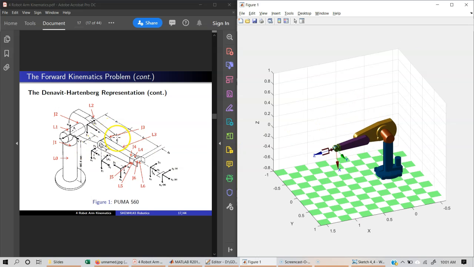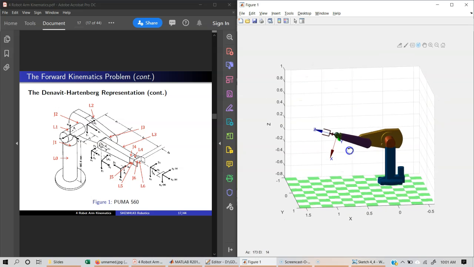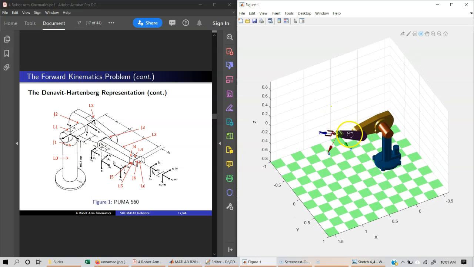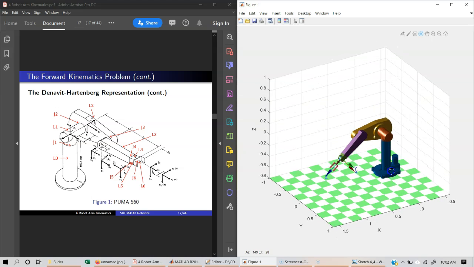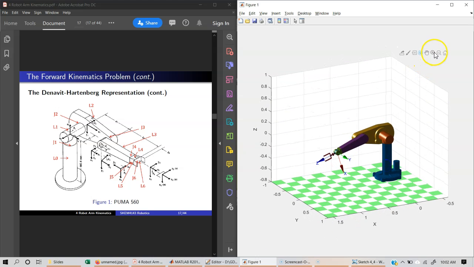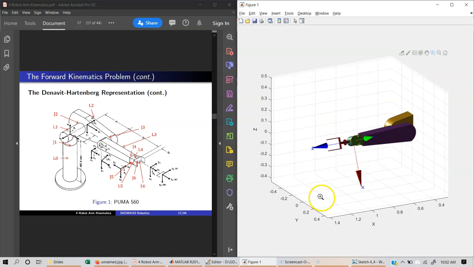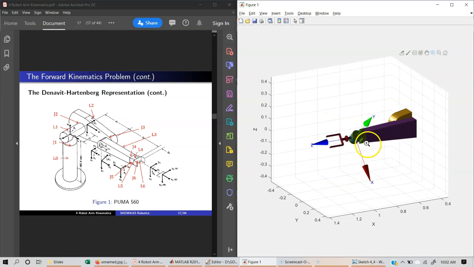This is joint number 3, which is here, and again the axis of rotation is along the y-axis, this y-axis parallel to this y. Let me try to zoom in to show you. So this will be joint number 4 here, and the axis of rotation is this way.